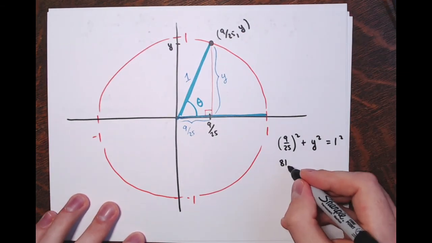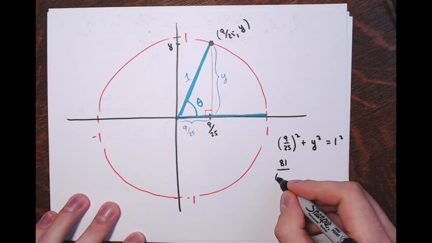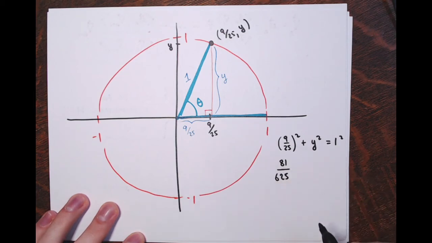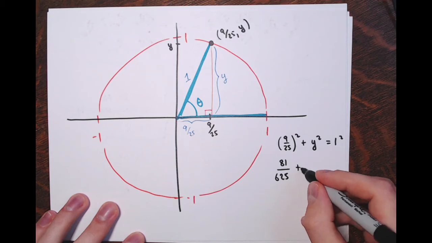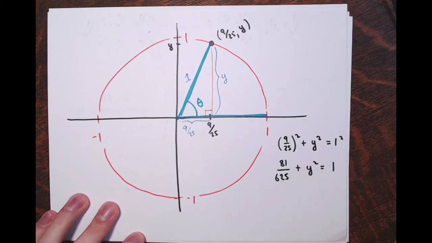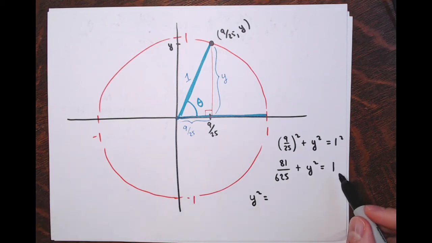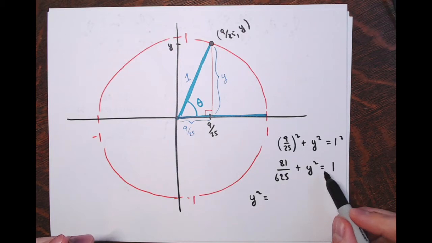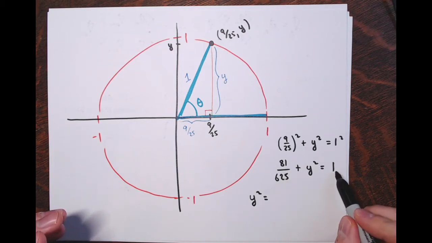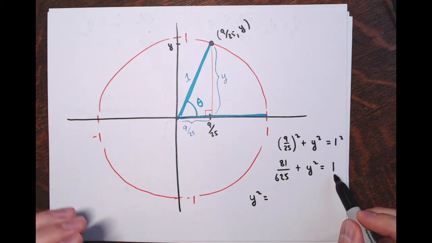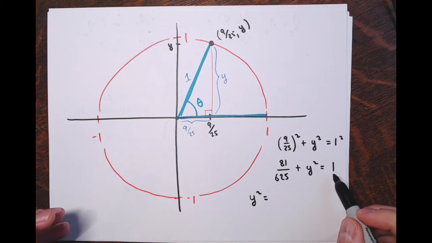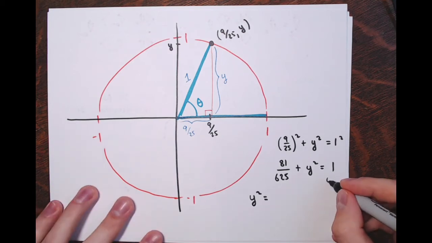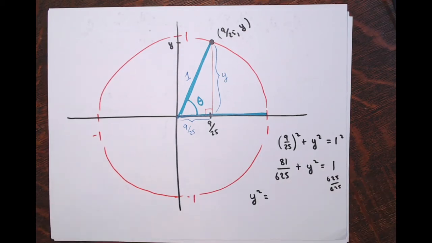So this is 81 over 625, since 9 squared over 25 squared, plus y squared should be equal to 1. So then y squared equals 1 minus 81/625. You need a common denominator, so this is 625 over 625, and then I subtract 81 of them.